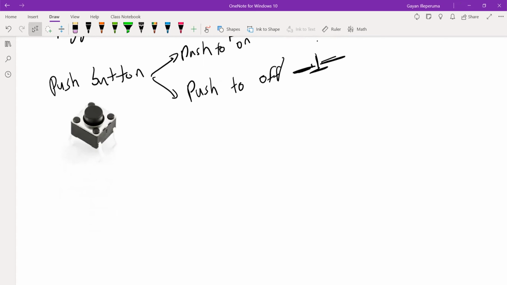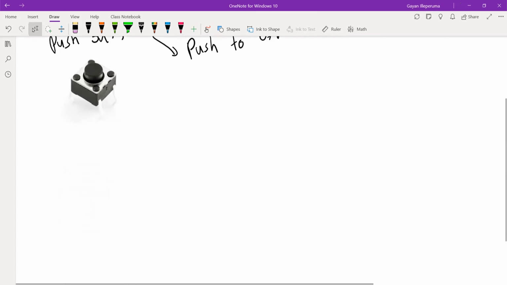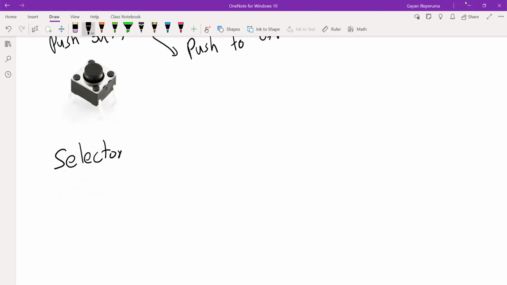Right? And then there are so many different types, but we have selector switches. Selector switches means you have a switch that can be connected to different outputs.